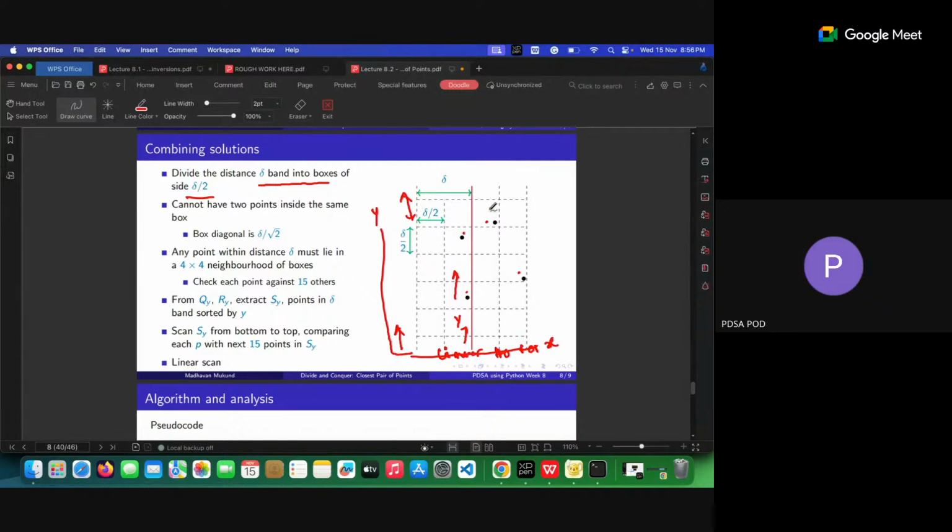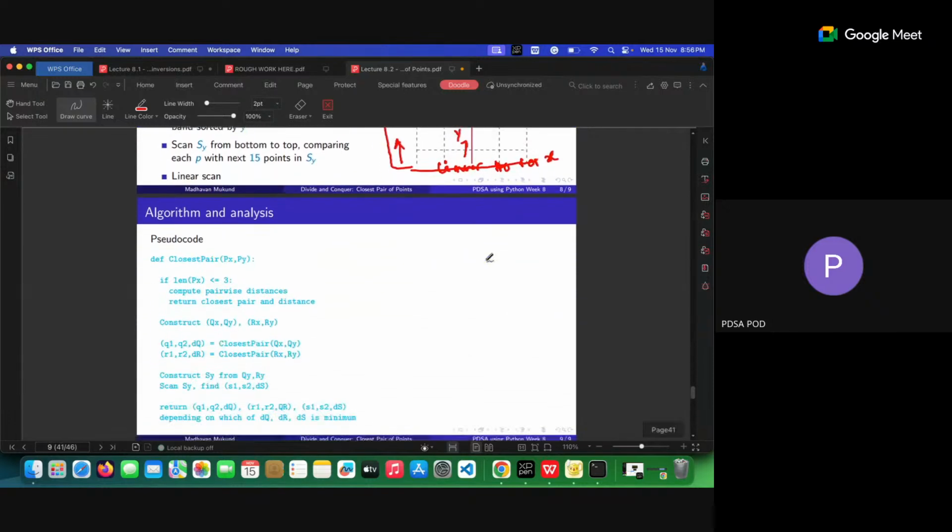We scan it from the bottom up, and that is called linear scanning. We are trying to find the next 15 points which could be closer to this point. If any of them is closer, we make it the closest pair across the boundaries. So in this way, it goes into the pseudocode.